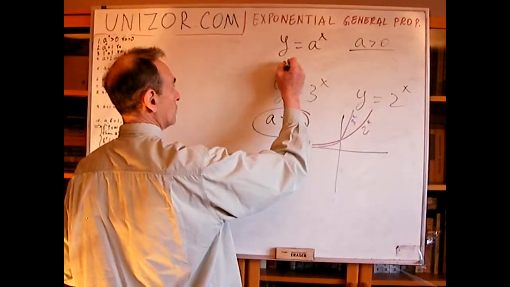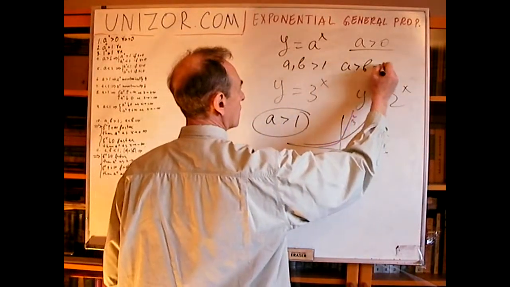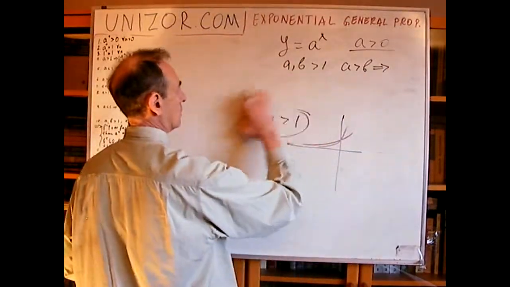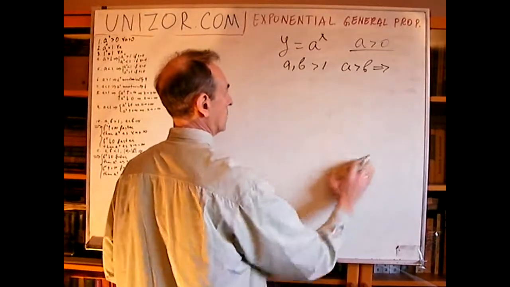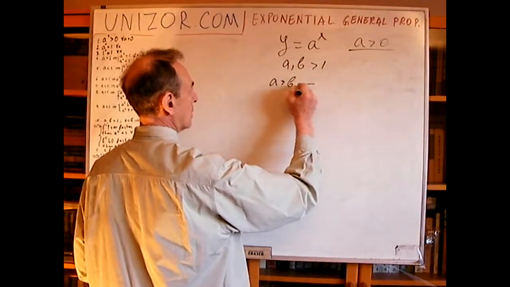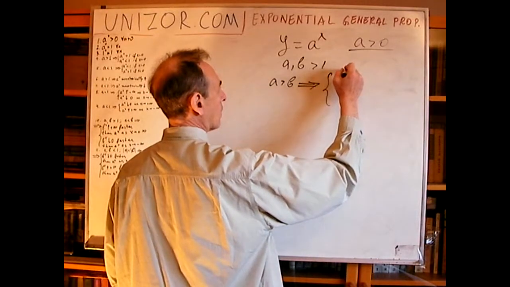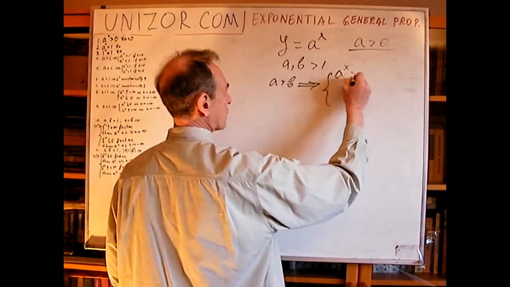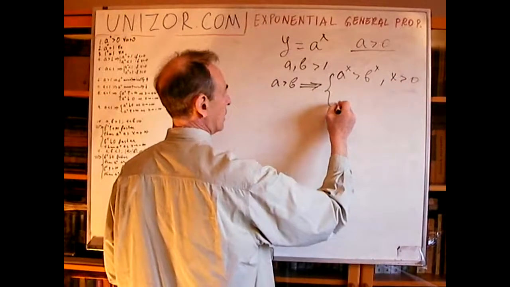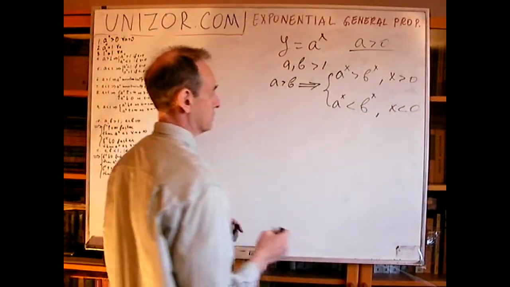That for a and b greater than 1, if a is greater than b, then a to the power of x is greater than b to the power of x for x positive, and a to the power of x is less than b to the power of x if x is negative.